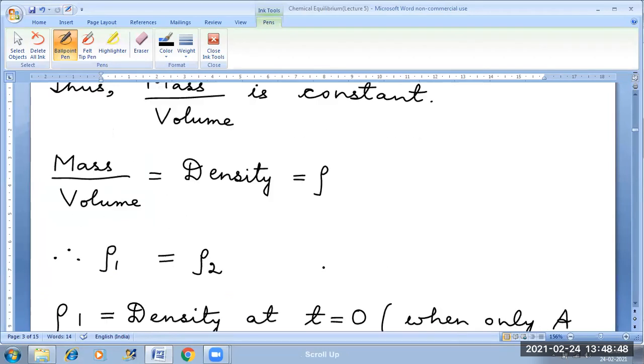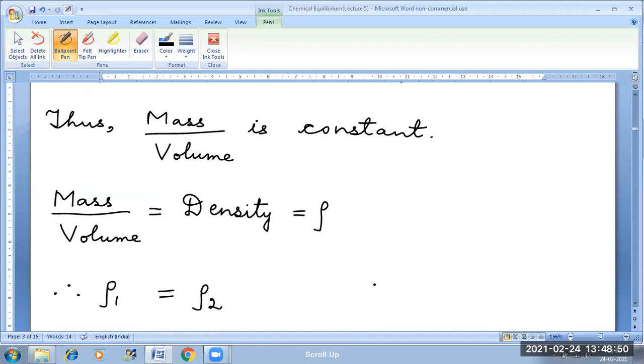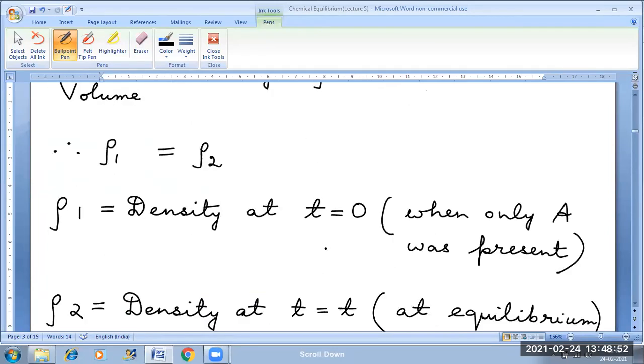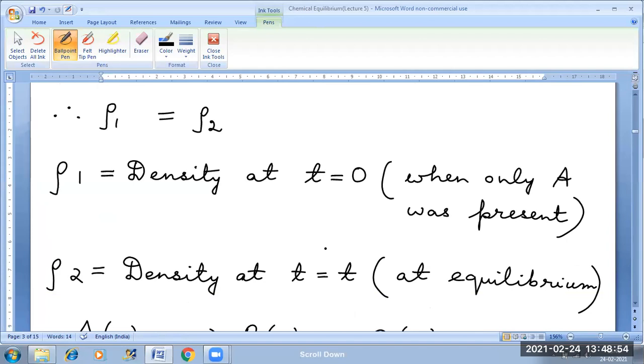Rho 1 is equal to rho 2 because mass by volume is constant. What is rho 1? Density at T equal to 0. And what is rho 2? Density at equilibrium, density of the mixture. If nothing is mentioned, it is understood that we are talking about the density of the mixture, because we have a mixture at equilibrium. That is, all components are present, A, B as well as C.